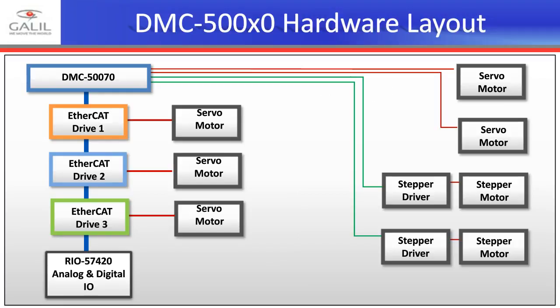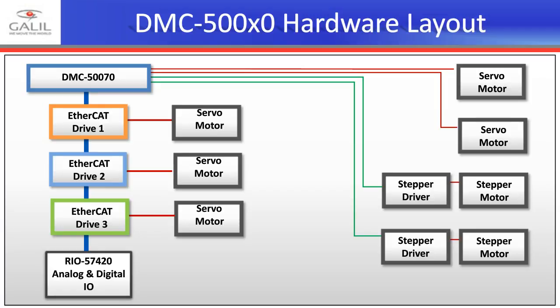Here is an example of a DMC 50,000 hardware layout, and this is really kind of the kitchen sink, showing the capabilities of the 50,000 across multiple platforms. In this case, we have 3 EtherCAT drives with servo motors, and a RIO 57,000 for EtherCAT IO. So that's your EtherCAT network working there.